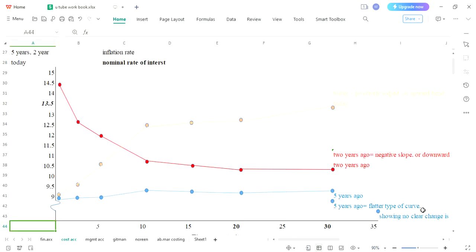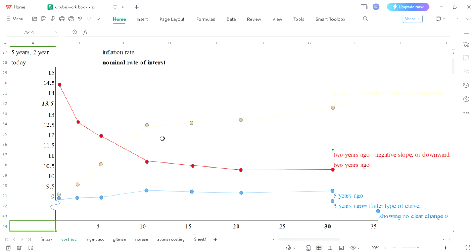Now once again, your red line is showing a downward trend. What conclusion will you make? With the passage of time, your rate of interest would drop. Okay, so for orange, that was for today. If you are increasing your number of years, your rate would also increase.